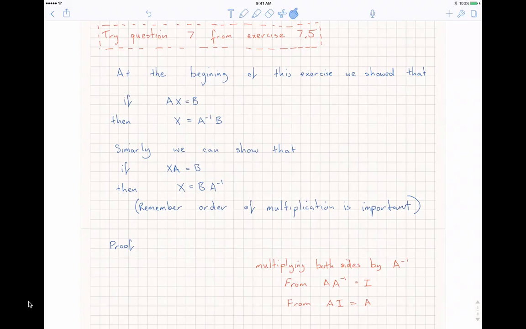Notice that X was on the right of A, so we multiply by A inverse on the left of B, whereas here, X is on the left of A, so we multiply A inverse on the right of B. Remember, order of multiplication with matrices is very, very important.